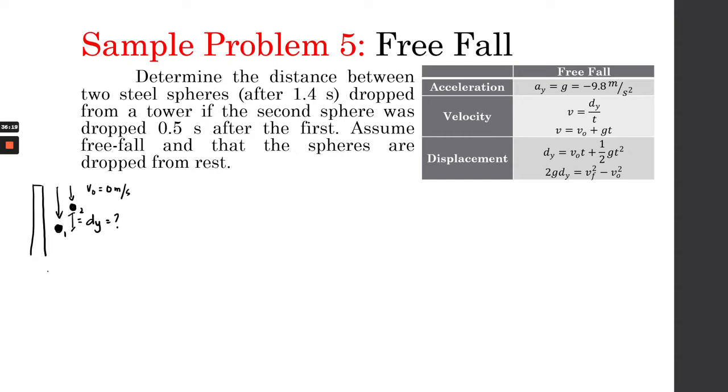Let's write our given. The time given to us is 1.4 seconds. Moreover, the initial velocity for both spheres is 0 meters per second. The time between the two spheres being dropped is 0.5 seconds, between sphere 1 and sphere 2.